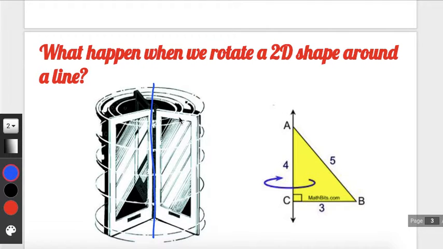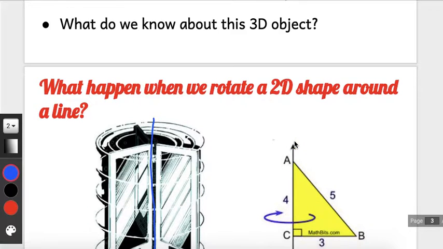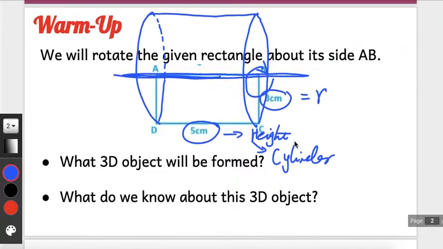For example, when we rotate a rectangle along one of the sides, we will have a cylinder. And for a right triangle, if I rotate along one of the legs, I am going to have a cone. This is just how we discover a 3D object through rotating a 2D shape.